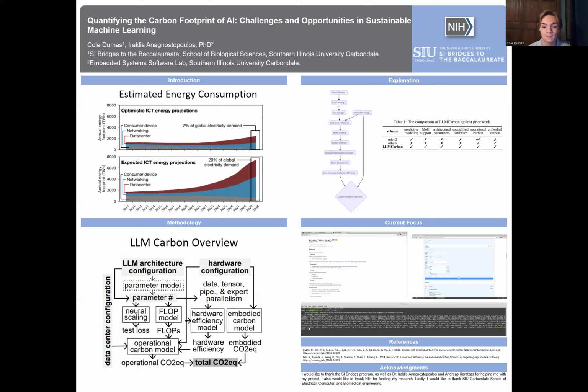This poster is more specifically focused on how to more accurately measure the carbon emission rates from these machine learning models, so that we can determine better ways to decrease this carbon emission. This is really just focused on doing it more accurately. As you'll see, LLM carbon.